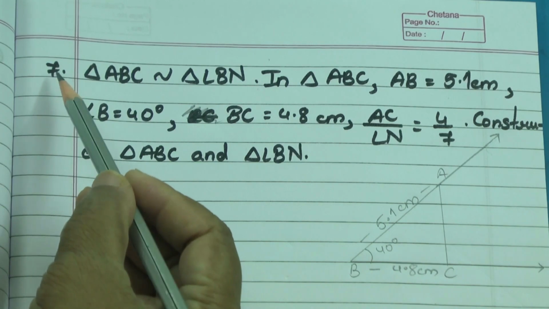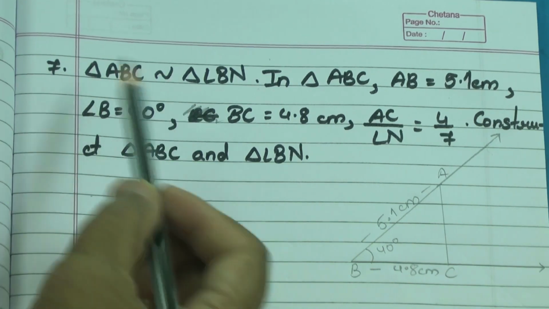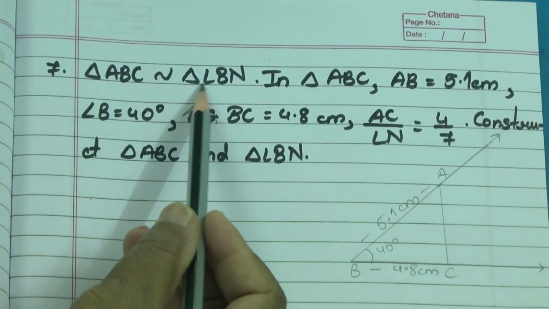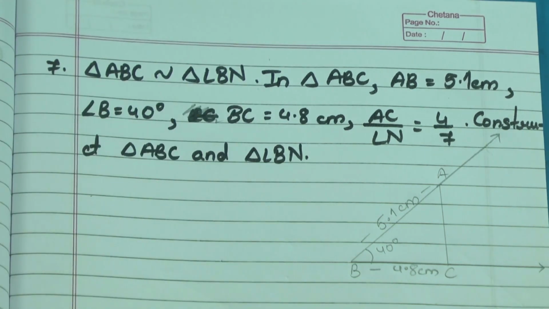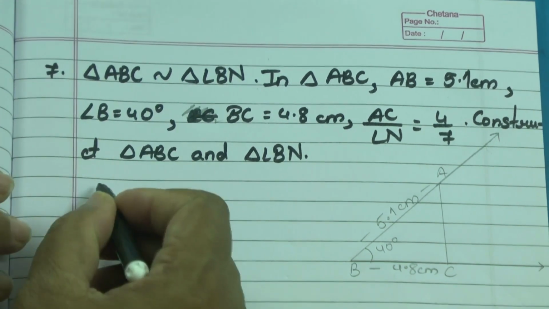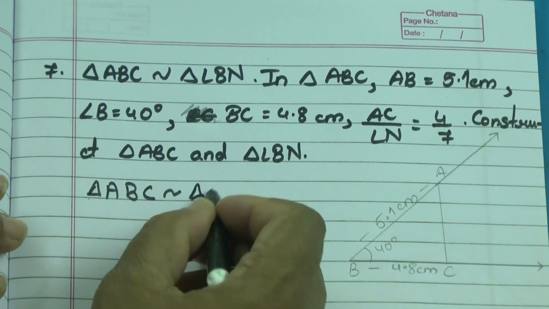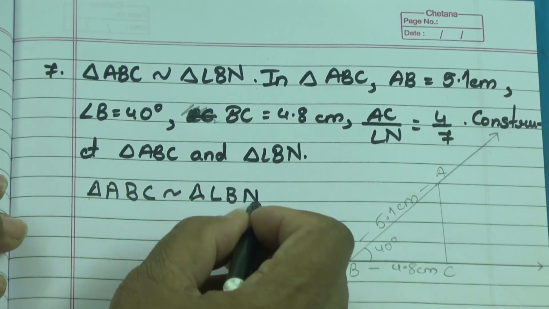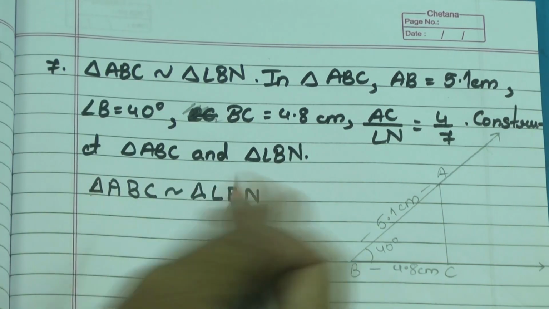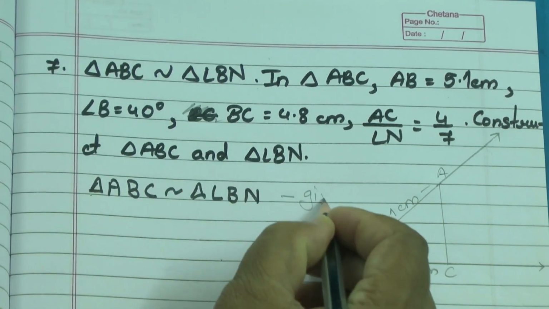Now we have question number 7 of problem set. Triangle ABC is similar to triangle LBN. It is given. And reason is given.